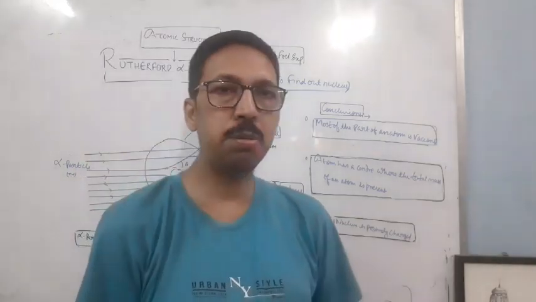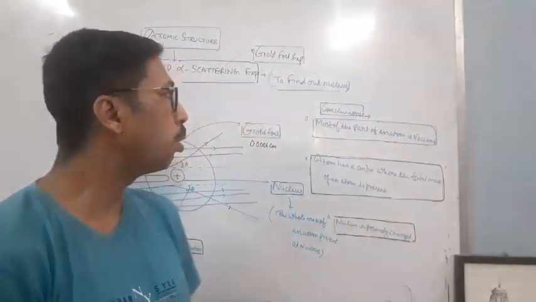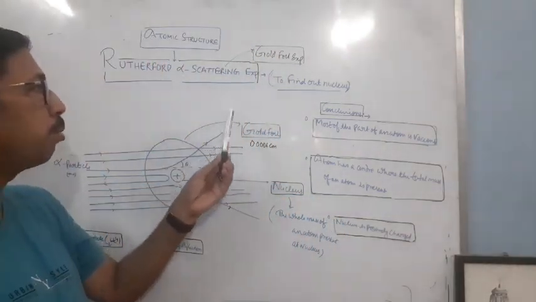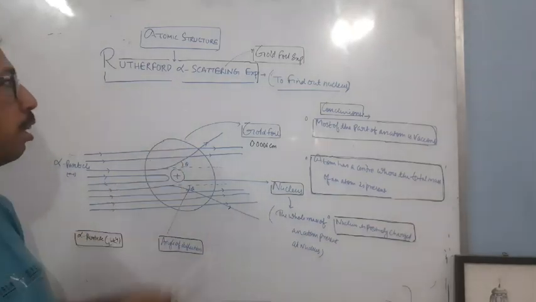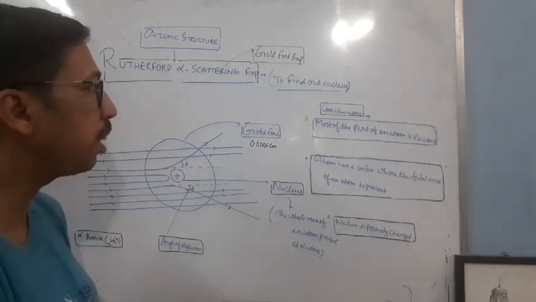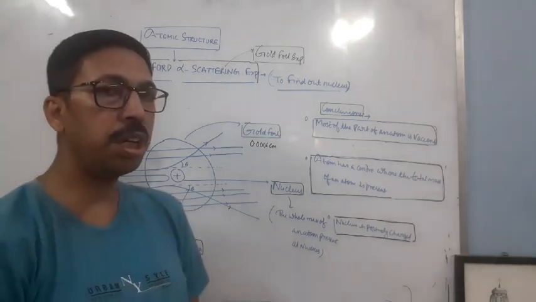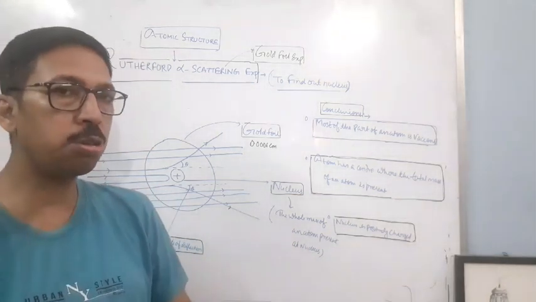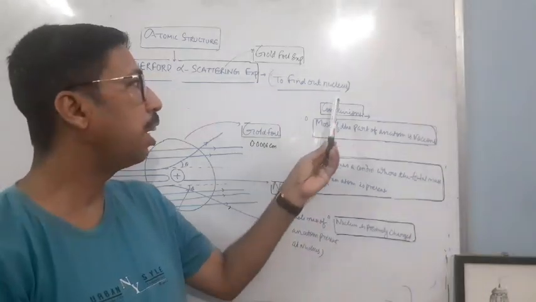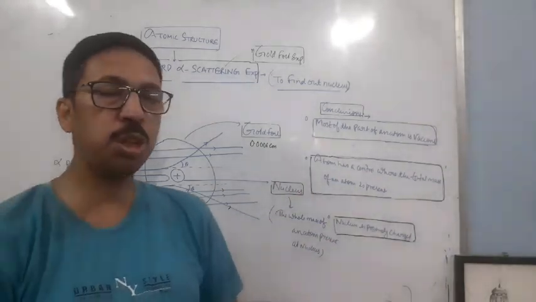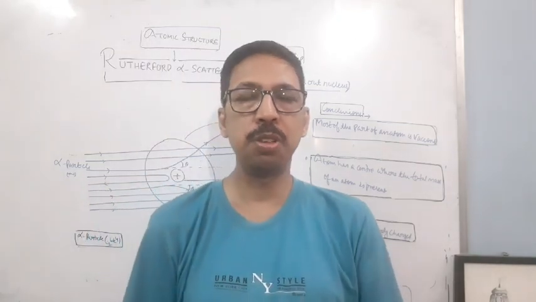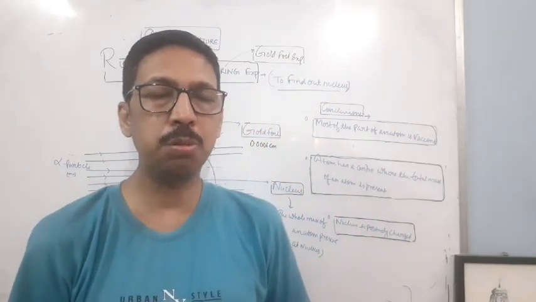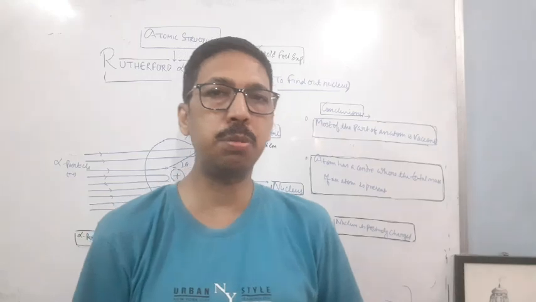So, we have already explained what the aim of the Rutherford gold foil experiment was. It is also known as the Rutherford alpha scattering experiment. The main aim of this experiment was to find out about the nucleus. And what is the nucleus? The nucleus is the part or center of an atom where the whole mass of the atom is present.